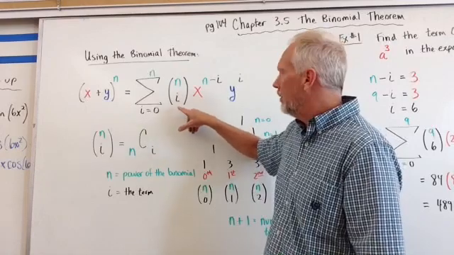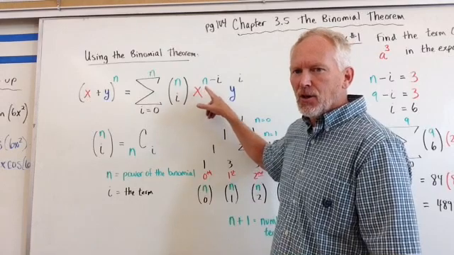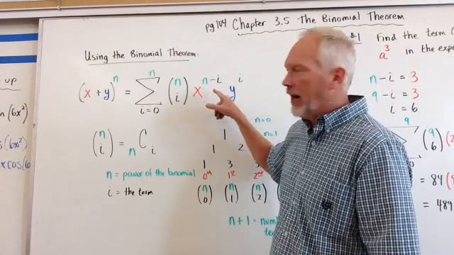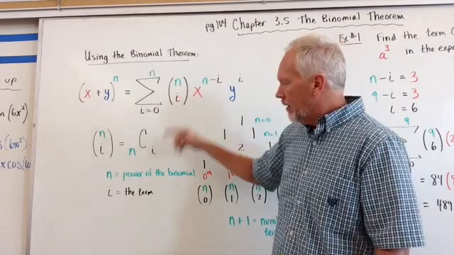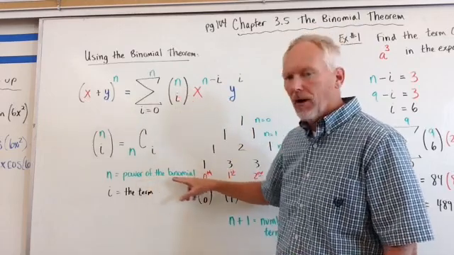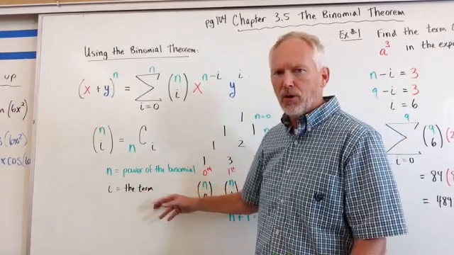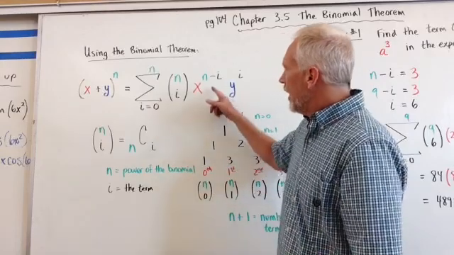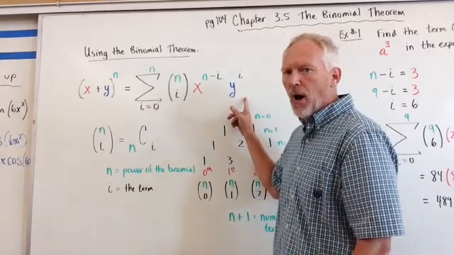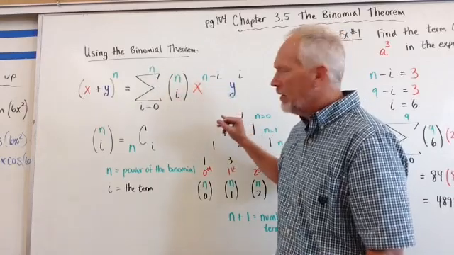We'll talk about that in a second. But then it's multiplied by x to the n minus i, where n is the total number of powers, or the power of the binomial. And i is the term that we might be looking for, or some value that we're looking for. And that is multiplied by y to the ith power. Okay, so this is our general format.